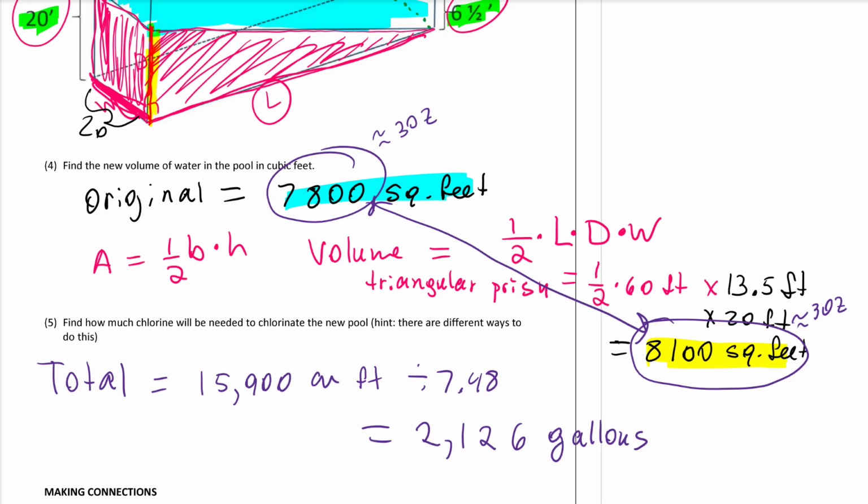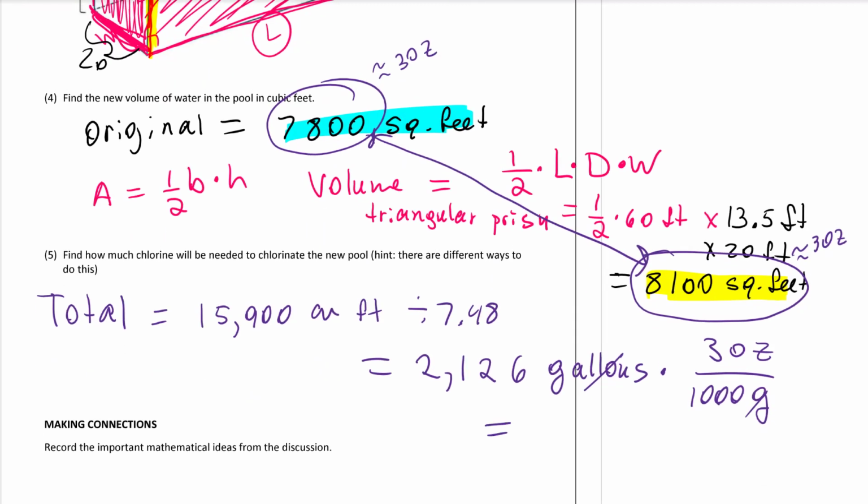But if you want to use dimensional analysis, you can say 3 ounces of chlorine gives me 1,000 gallons of water. So you multiply across, gallons and gallons cancel. You multiply 2,126 by 3, that would be 6,378, divided by 1,000.